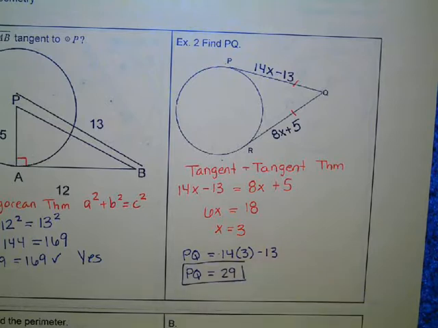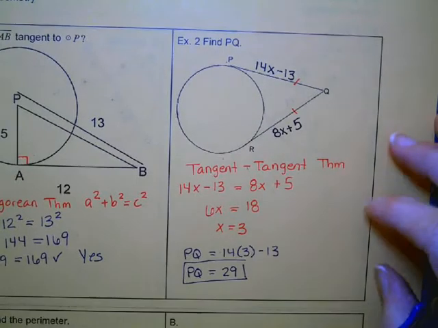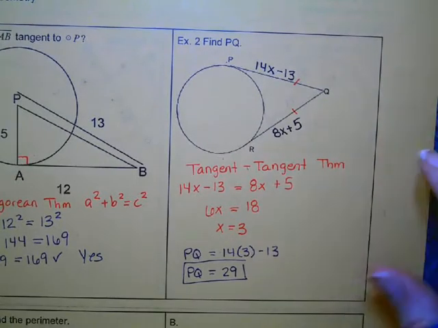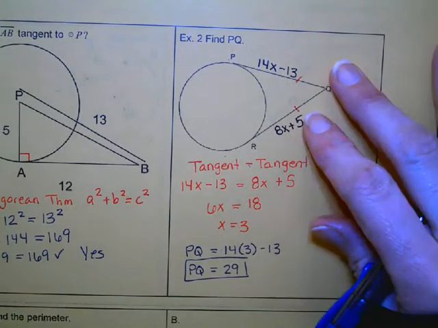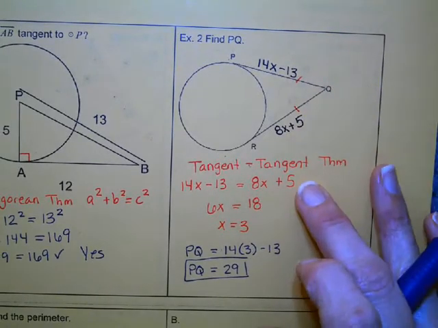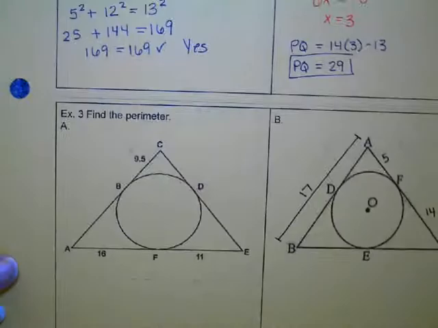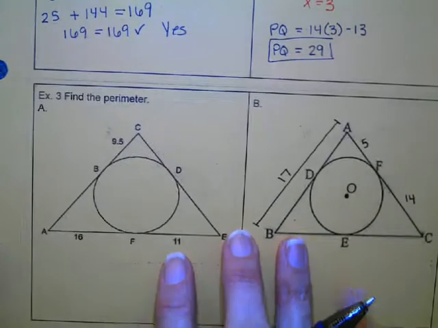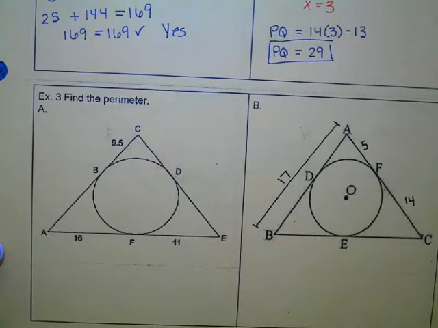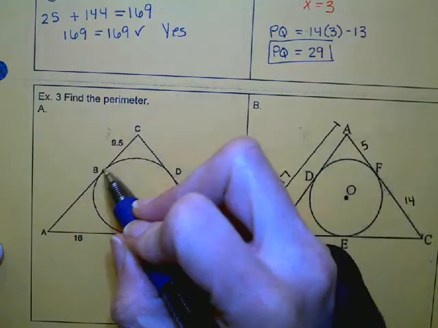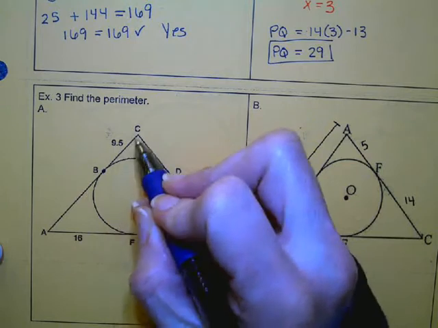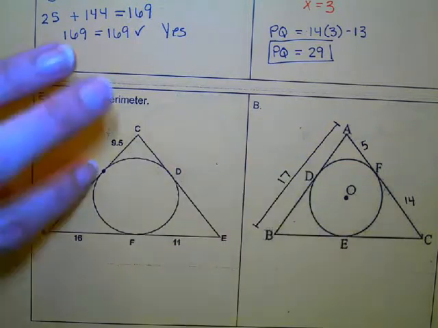So basically your goal is to figure out what you have in the picture, and then what theorem we can apply from our segment reference sheet. These were two tangents, so we set the two tangents equal to each other. This one and the next one, everything in this picture represents tangents. Because let's say point B is here, BC or CB or CA, they only hit the circle in one place, so it creates a tangent.